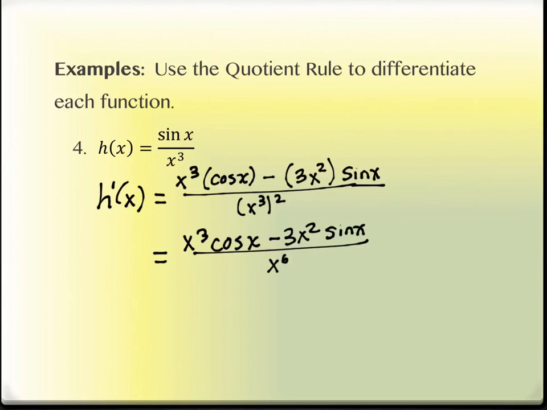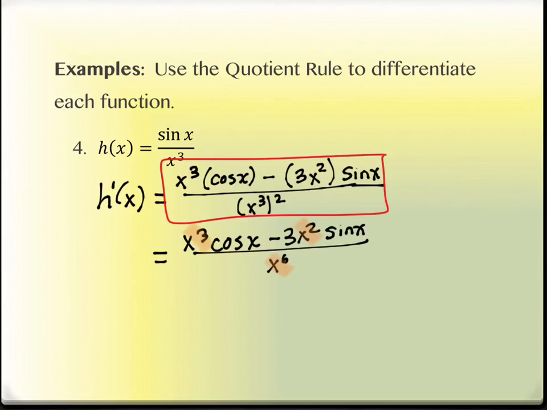So again, if we were on the gateway next Friday, you would stop here. But we can't stop where we are right now because there's still more that I can do to clean it up. This one actually I can clean up something else. What can I do? Yeah, there's an x to the third, there's an x squared, and there's an x to the sixth, right? In every single term. Remember, terms are separated by addition and subtraction.